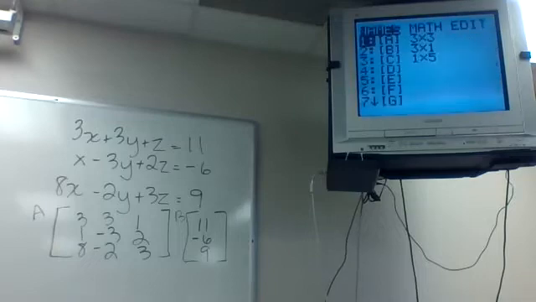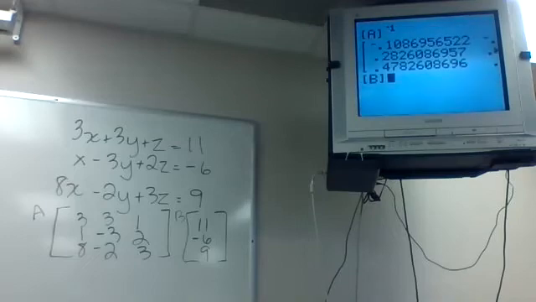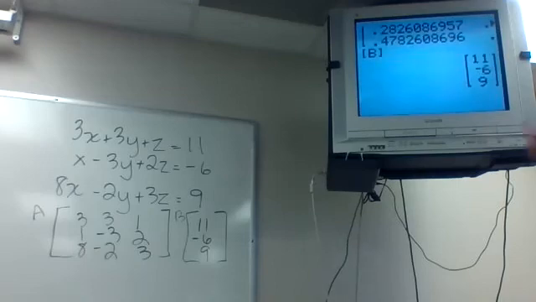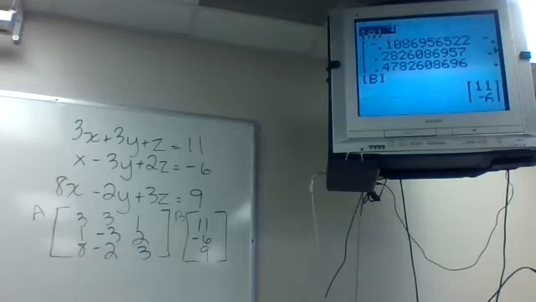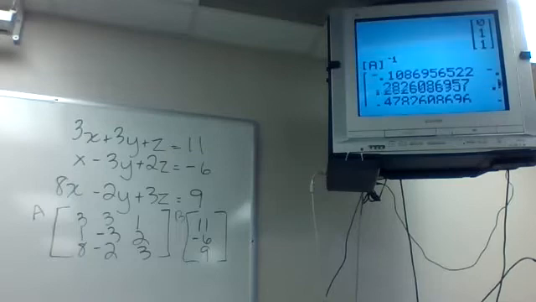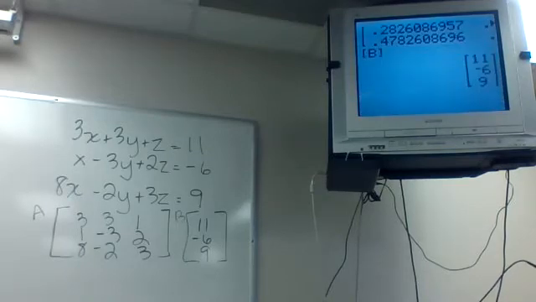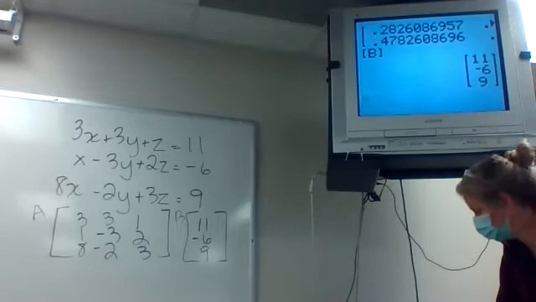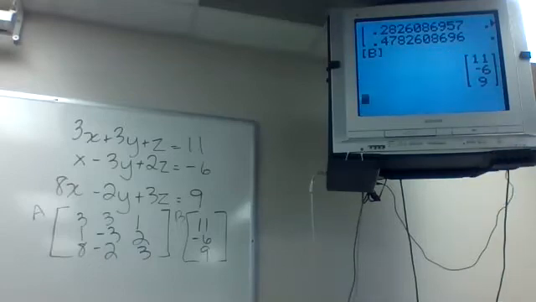Second matrix down to B. Here's your X, Y, Z. Oh, well, that's not right.